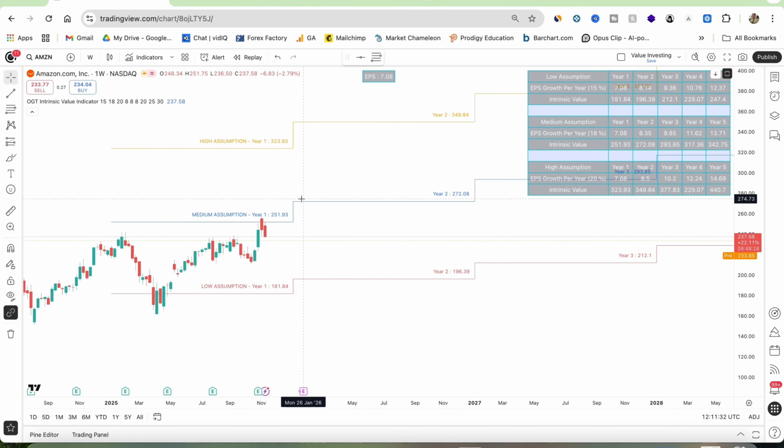So what this means here is it's trading at 237.88, which is below your medium assumption. If you assume your medium assumptions of an 18% annual growth rate in your earnings, a PE of 25, I think it was, with an 8% desired return, you should be buying Amazon stock, assuming everything else fundamentally you're happy with in terms of the company and all that stuff.